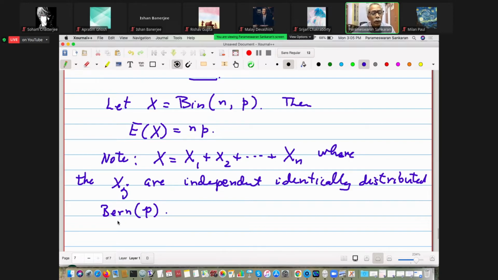So it's a Bernoulli distribution with parameter p. And of course the jth toss and the ith toss are independent if j is not equal to i. And of course the total number of heads is, well, you add up all these random variables, that is it.